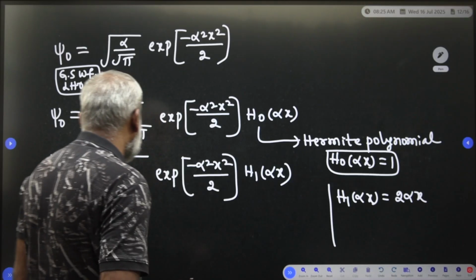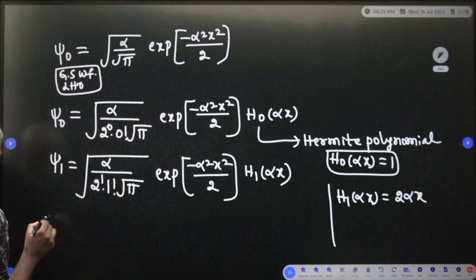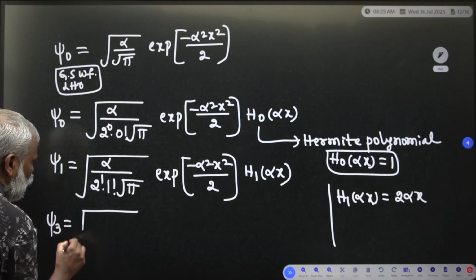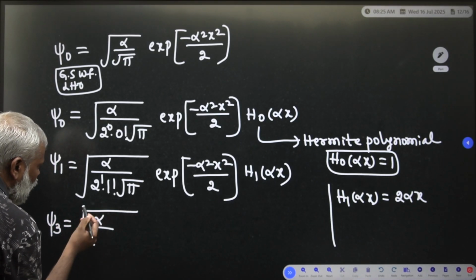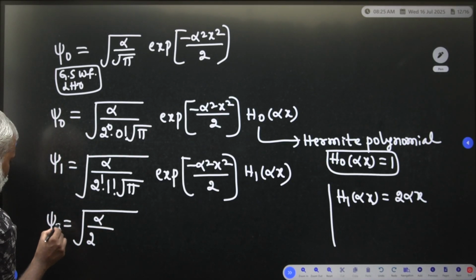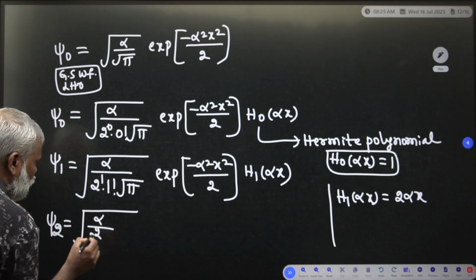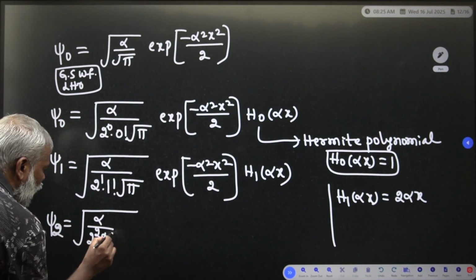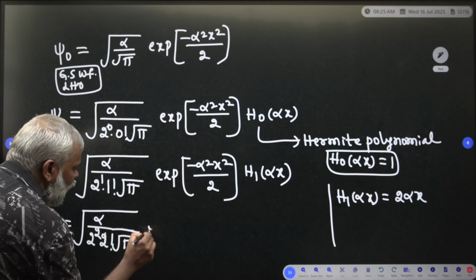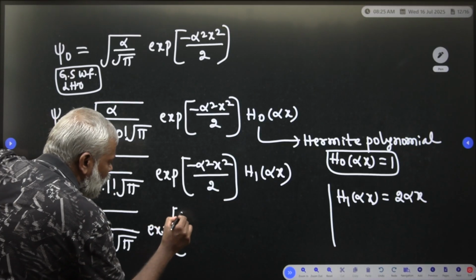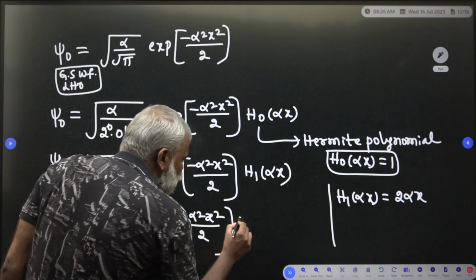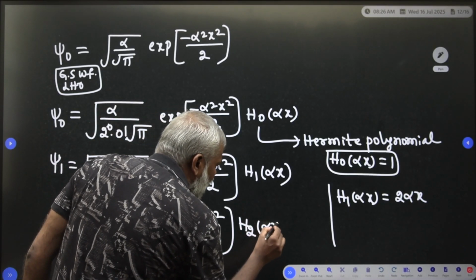Similarly, you can take psi 2 is equal to square root of alpha by 2 to the power of 2 into 2 factorial into root pi, exponential of minus alpha squared x squared divided by 2, into H2 of alpha x.